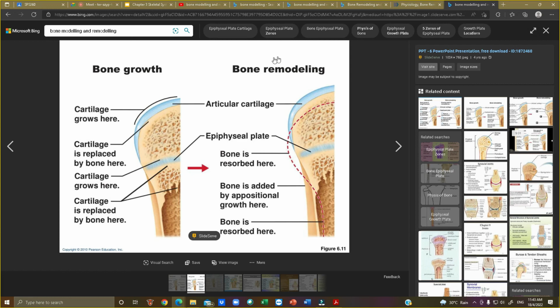Tapi untuk remodel, what they make is, ni bentuk asal. Okay, this is bentuk asal. They change the bone shape. Nak membesar kan? So they are going to resorb. Okay, resorb some area and reformation of a new area. Itu beza remodeling and modeling.